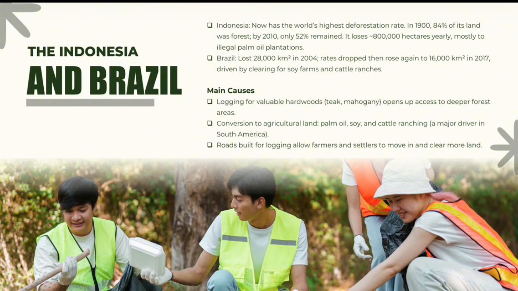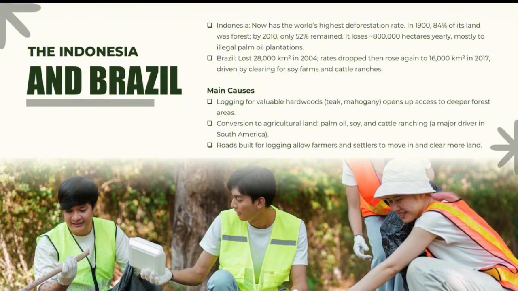As for Brazil, Brazil also loses large areas of forest. In 2004, it lost 28,000 square kilometers. The rate went down for some time but rose again to 16,000 square kilometers in 2017. This is mainly caused by clearing land to grow soy or to raise cattle.